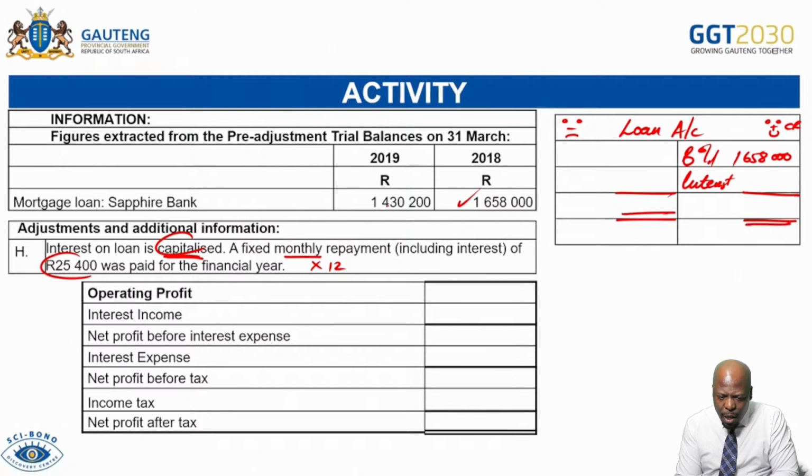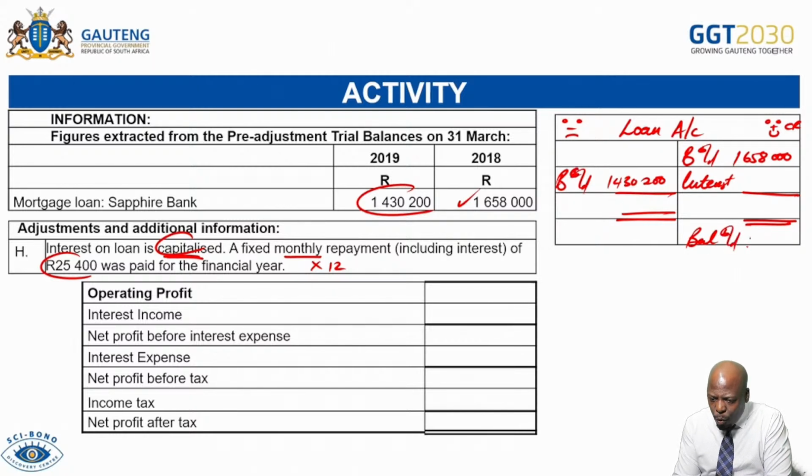And then I'm told the loan balance is 1,430,200, which I will bring here. Balance carried down. The balance brought down, 1,430,200.